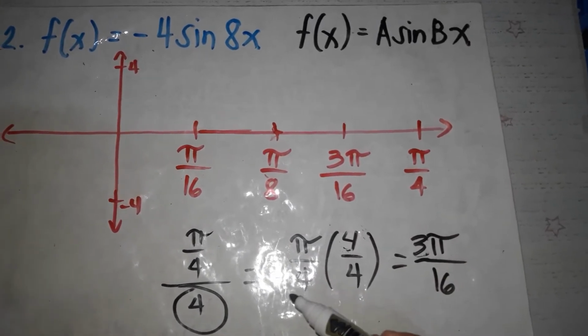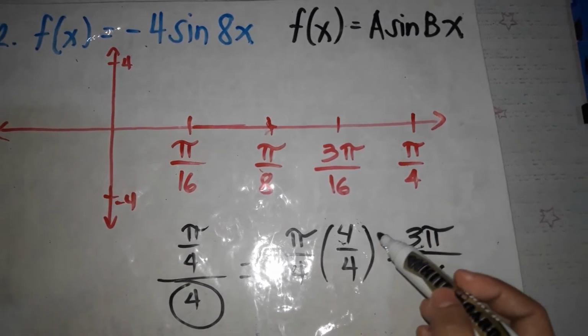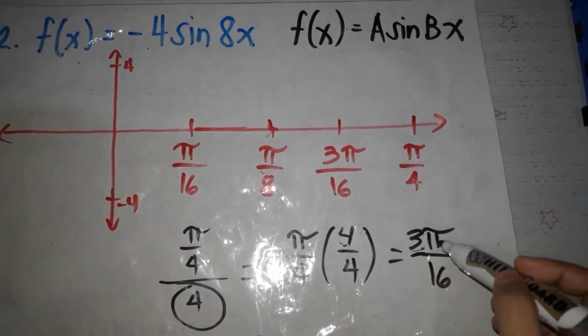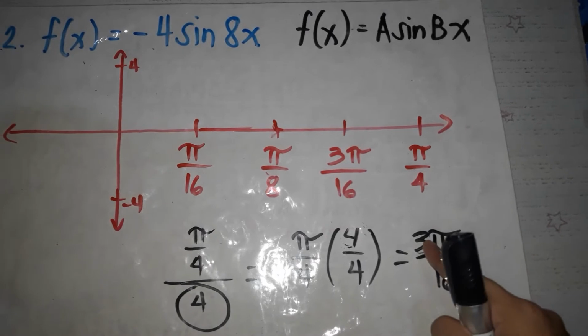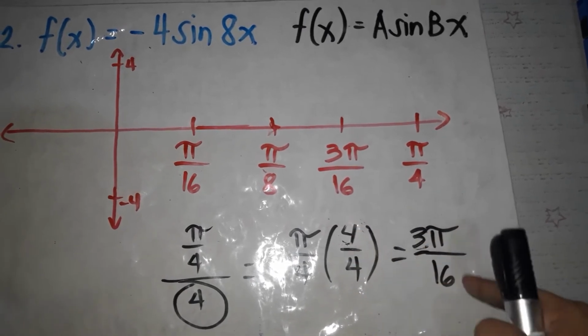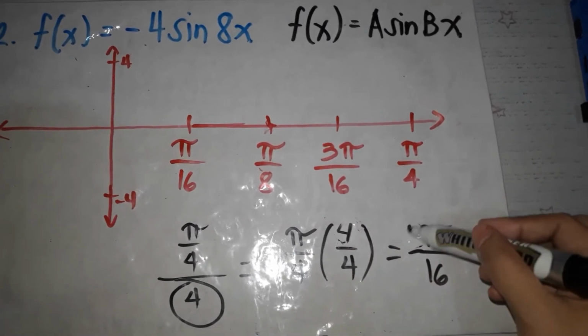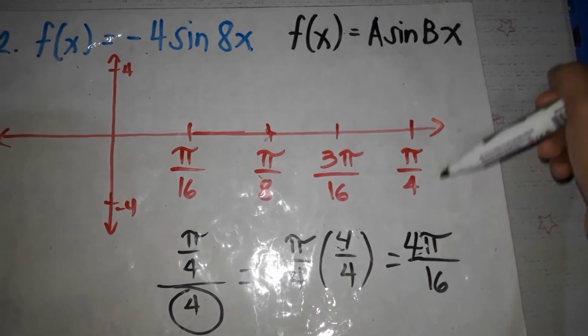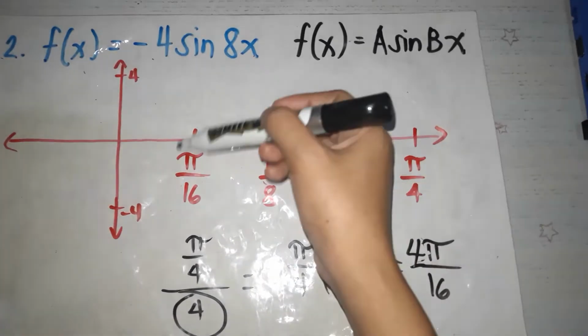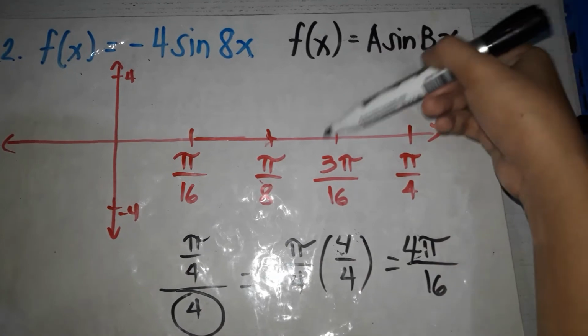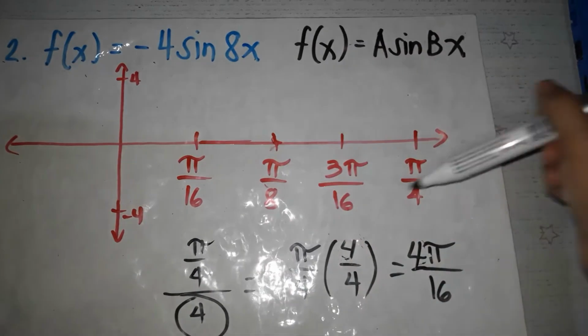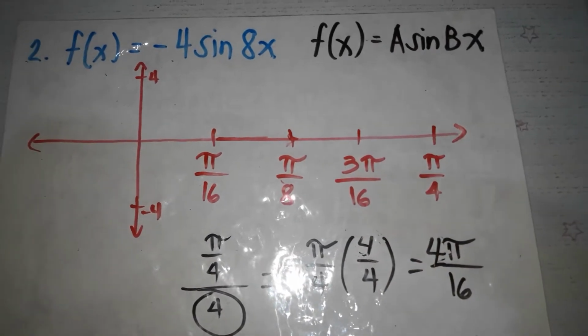Just to show the solution, we have pi over 4 times 4 over 4, that is 4 pi over 16, or pi over 4. Again, this is the period. This is the first quarter, second, third. So we have the whole period here.